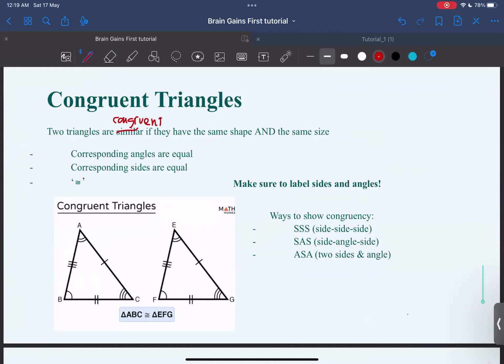So that not only means that the corresponding angles are equal, but the corresponding sides have to be exactly the same length. So this time it isn't just a common ratio, it has to be the exact same length. And this notation is a squiggle above an equal sign. It just means A, B, C, and E, F, G are congruent triangles.